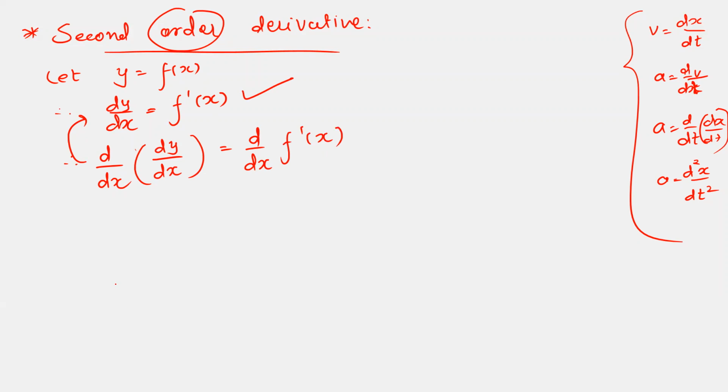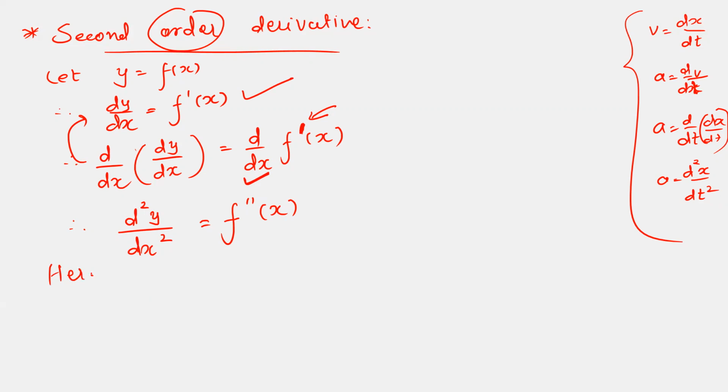Again d by dx on this one above. In that case it is mentioned as d2y by dx2. Sometimes we can use d square y by dx square or d2y by dx2. It's the same thing. Here it was one time dash when we do the derivation one time. Again one more time we are doing, so f double dash x. That is called second order derivative.